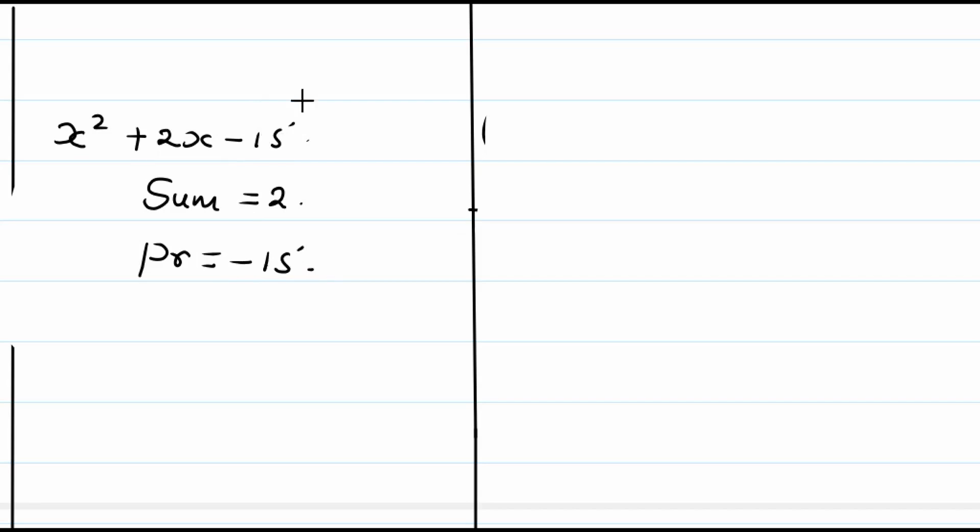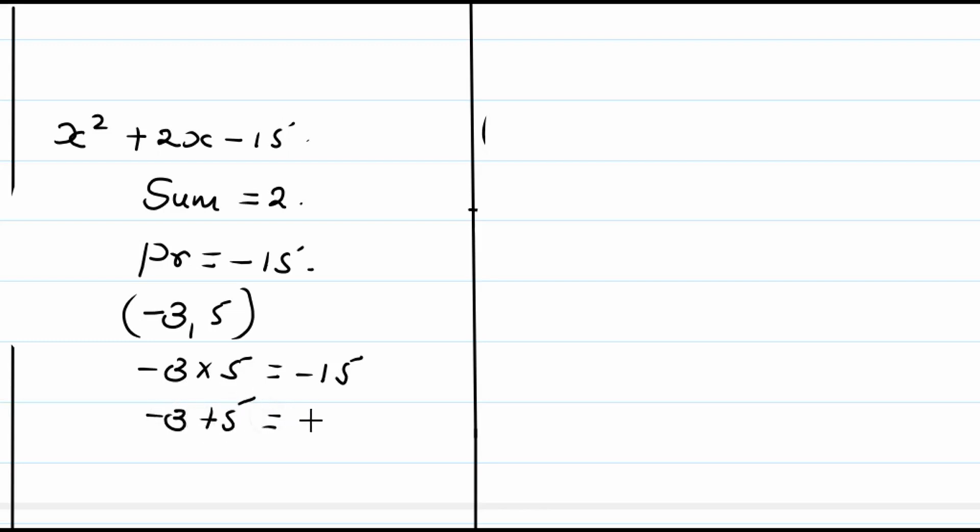Those two numbers would be negative 3 and 5, because if I take negative 3 multiplied by 5, it will be negative 15, and when I take negative 3 plus 5, it will be positive 2. So the two numbers are negative 3 and 5.